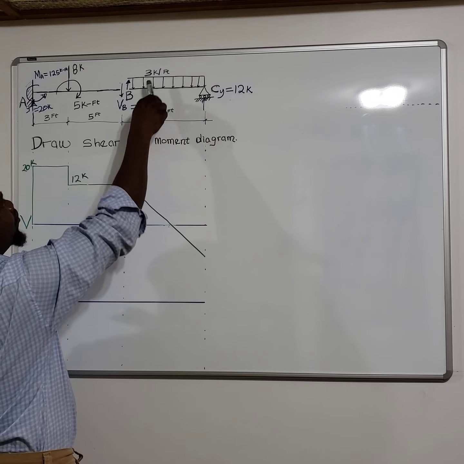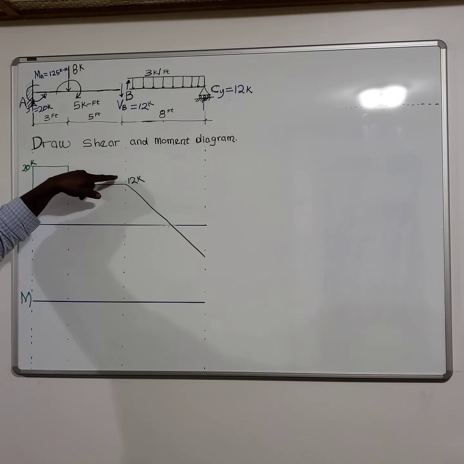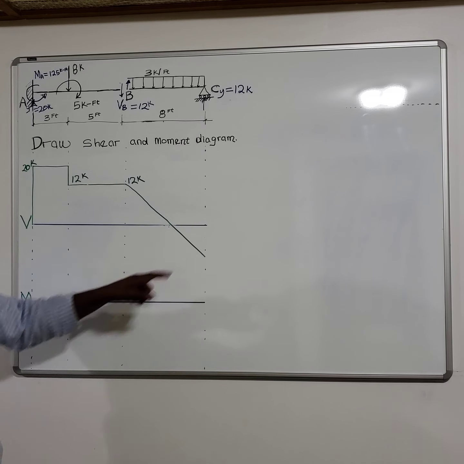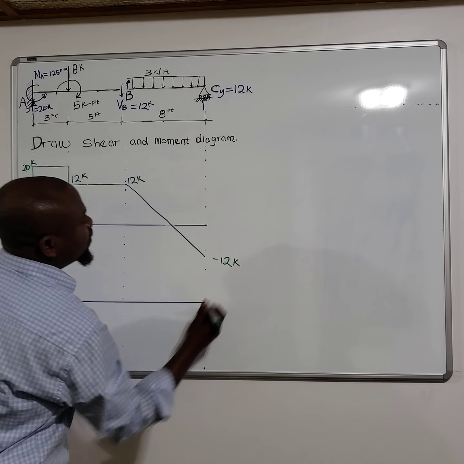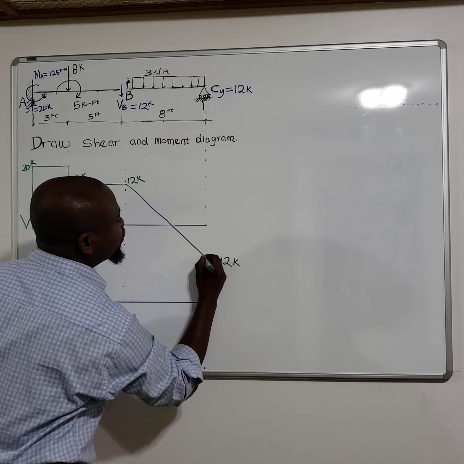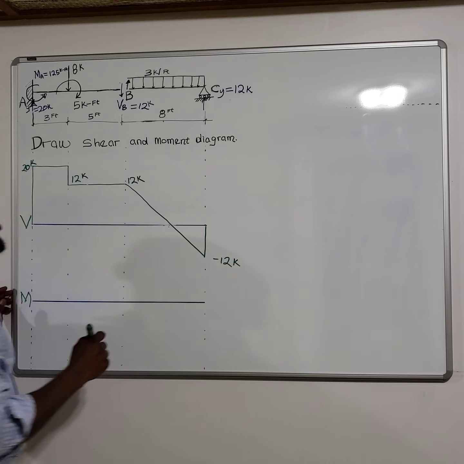So when you take that 24 and subtract it from the 12, you're going to have minus 12, and that's what we have here. We have minus 12 kips. And when you add this 12 to that minus 12, you come back to 0, and so that closes your shear diagram.